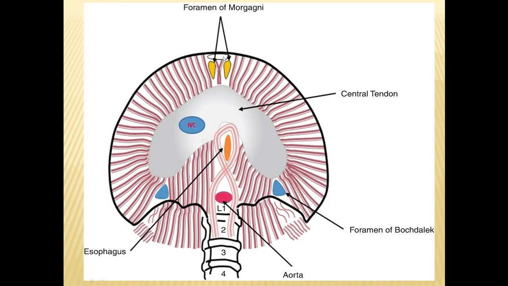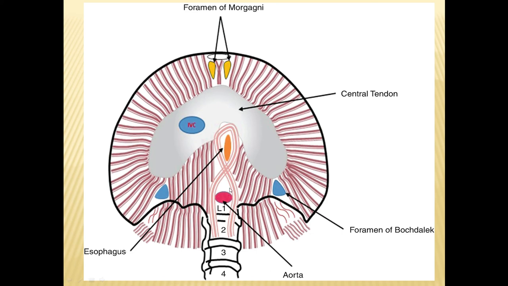So this is the anterior aspect, this is the posterior aspect. The openings are showing the opening for the aorta, esophagus and inferior vena cava, right? So we talked about two foramens. On the posterior aspect is the foramen of Bochdalek, anterior is the foramen of Morgagni. Done.